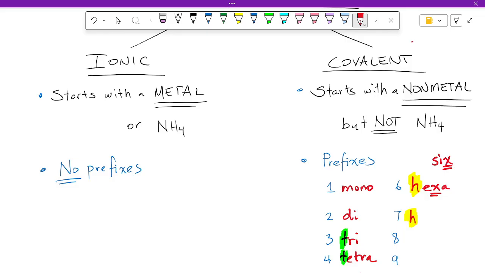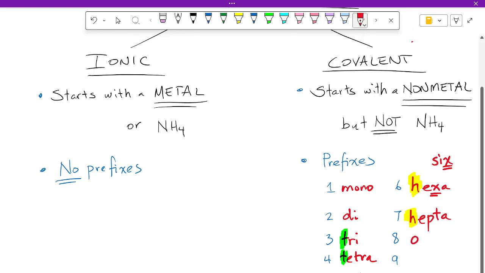Now, what is 7? 7's a little weird. It is hepta. And that one you just have to kind of practice enough until you know it. I don't know that there's a fantastic way unless you already know heptagon, but the chances of you knowing heptagon are like, I don't know, maybe 25%. So 8 is fairly easy.